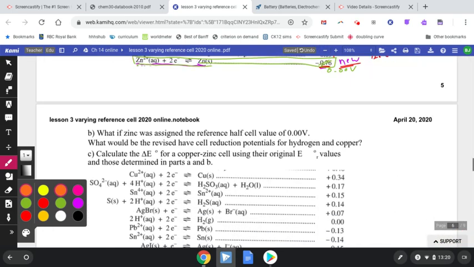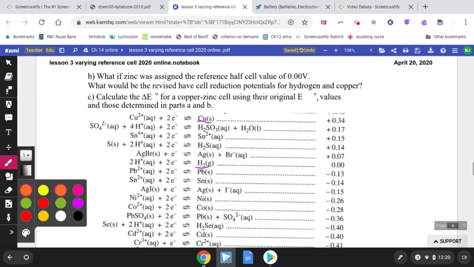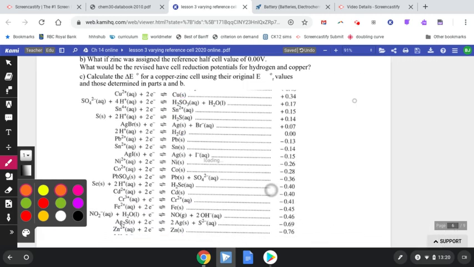We'll do one question together here. Okay, what if zinc was assigned a reference half cell value of 0? So we kind of did this already. So to get it to 0, we have to add 0.76 volts. Okay, now it's at 0. All right, what would be the new cell potentials of hydrogen and copper?